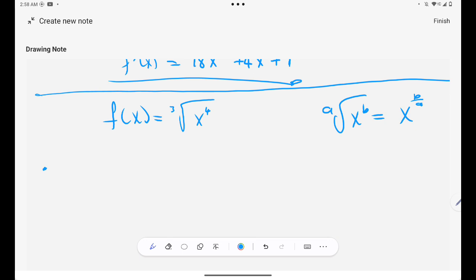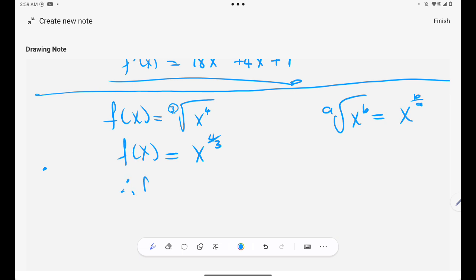Are you together? So in this case, before I find my derivative, I must first remove the surd. So I'll say x to the power 4 divided by 3. This 3 is this one. Are you together? And then now I can find my derivative.